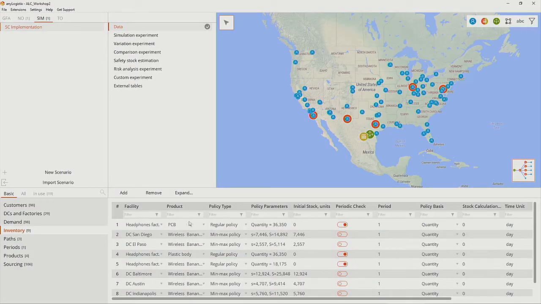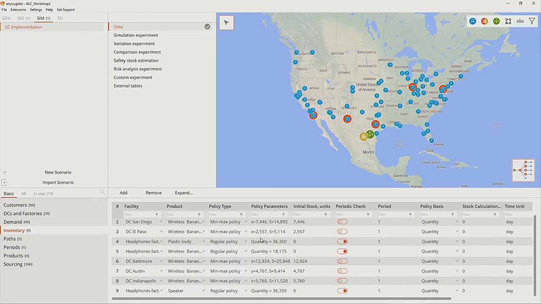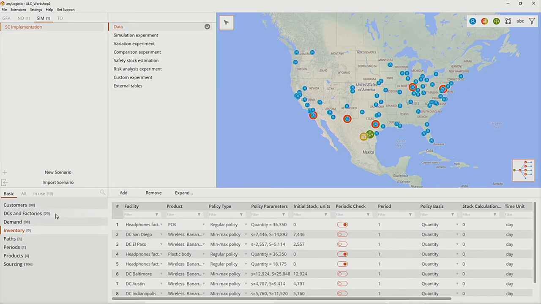In this table, you can see that each facility has its own inventory policy proposed on top of the results of network optimization. And let us check how our network behaves in this case.